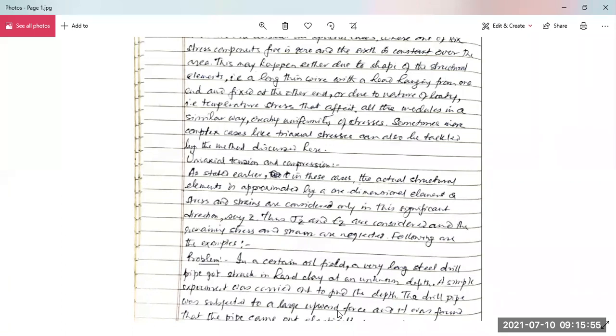It is not familiar to our known drill, but it acts on more or less the same principle as the helix of the drill we use in the machine shop. Here, this drill went for drilling the earth and got stuck in hard clay at an unknown depth. So what happens? An experiment was carried out to find the depth of the drill pipe. It was subjected to a large upward force, and it was found that the pipe came out elastically.